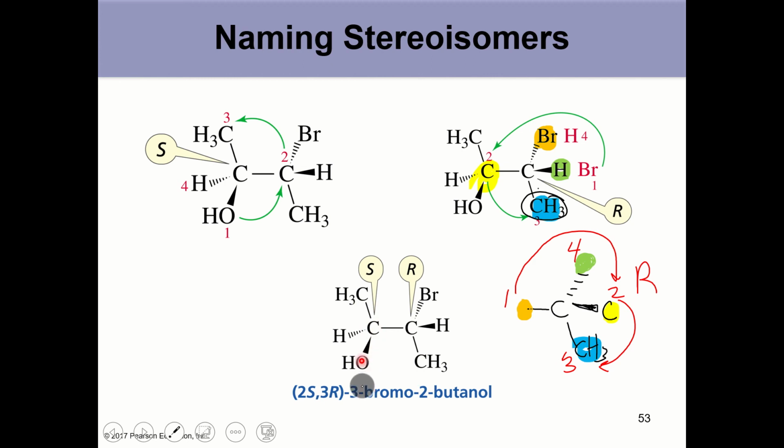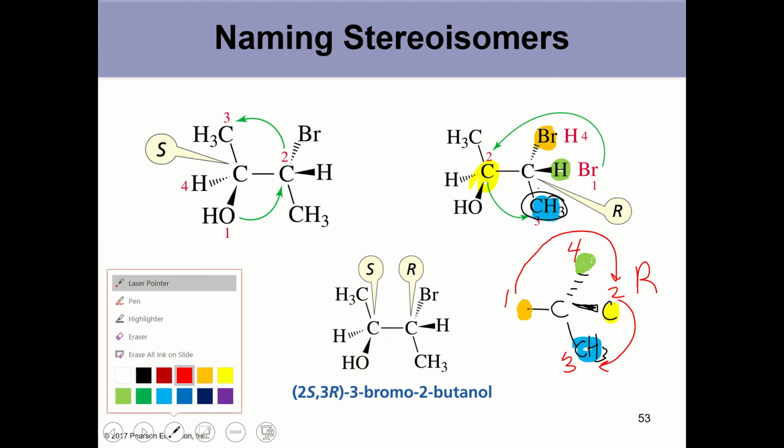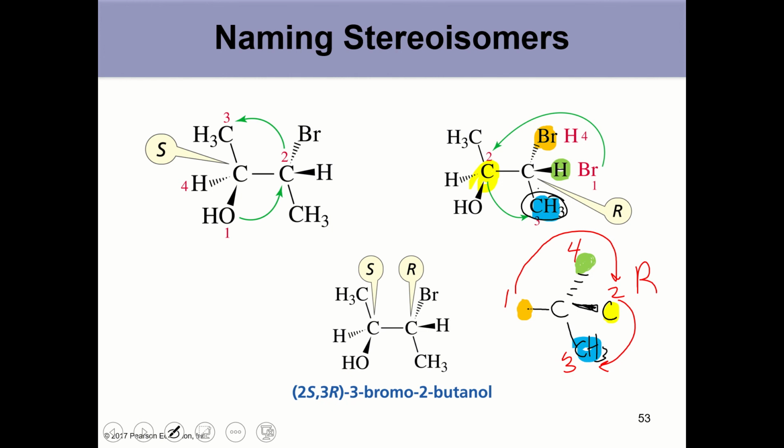Carbon 2 is either bonded to the hydroxyl group or to the bromine. Since hydroxyl has to have the lowest possible number, we make carbon 2 bonded to the hydroxyl group. I'm going to number these using the color purple. So carbon 1, carbon 2, carbon 3 bonded to bromine, and carbon 4, the last methyl group.